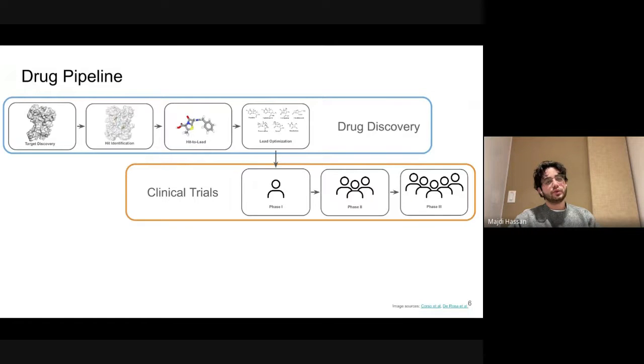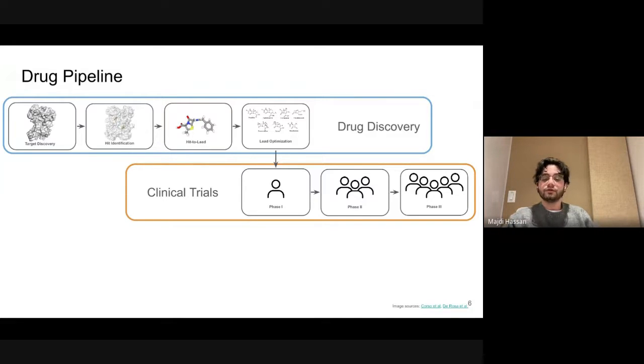We won't be really talking about clinical trials in this talk. This is sort of out of scope. We're mostly focusing on drug discovery. But you just have to think of the clinical trials as going from essentially wet labs and virtual labs to testing on bigger and bigger batches of people, trying to see if this drug will not have any harmful effects, if it does the thing that it was designed to do, and documenting all this very, very rigorously.